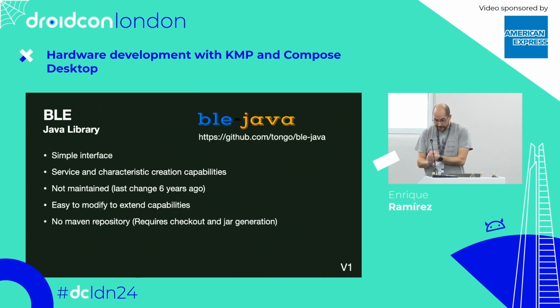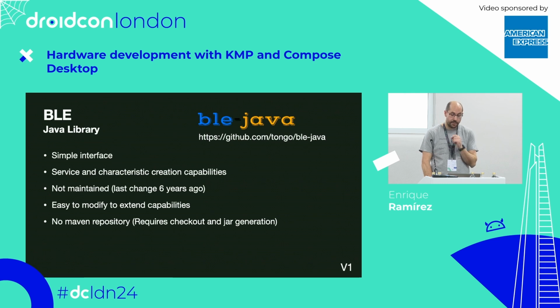For creating a server in Java for BLE, I found this library, which wasn't maintained for a while, but it was a good starting point. As I said before, almost everything is done with Python, and it's difficult to find Java stuff sometimes for the Raspberry Pi.